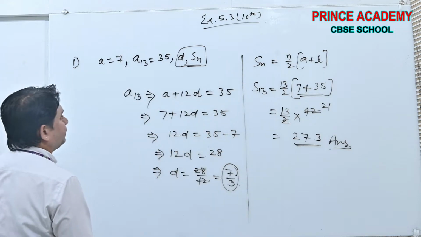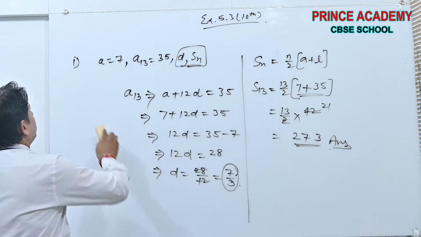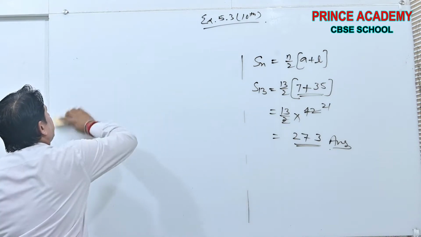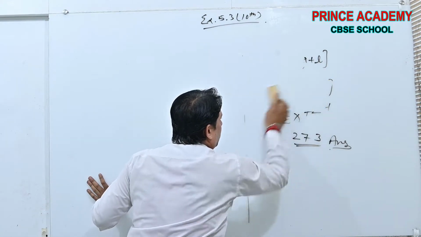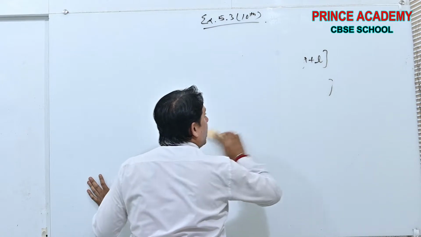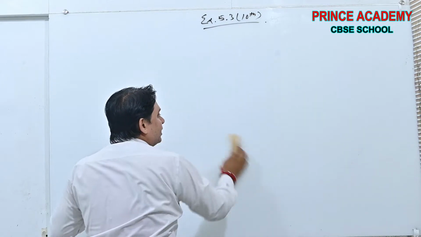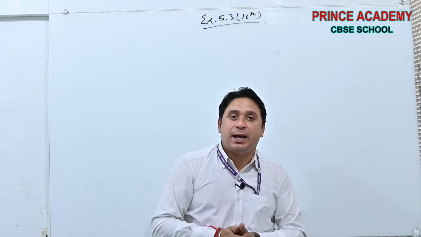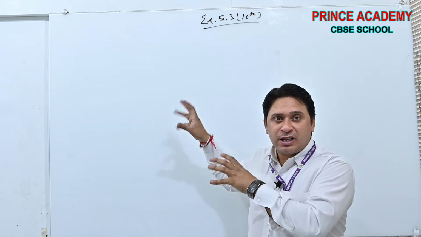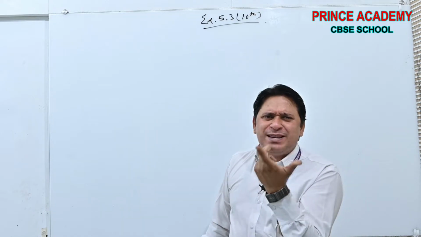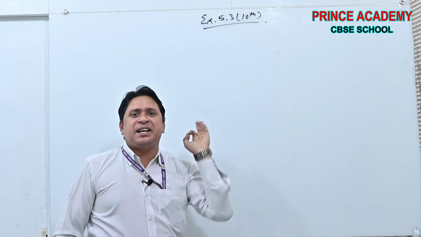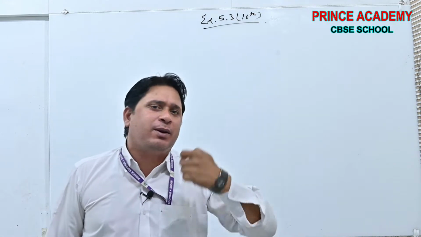Now see it. Take the screenshot. One more thing, beta. If I am committing any mistake in calculation here, then you all are responsible. What do I mean? Suppose I am solving anything and by mistake some plus or minus, by chance, 99.99% surety I will not commit.